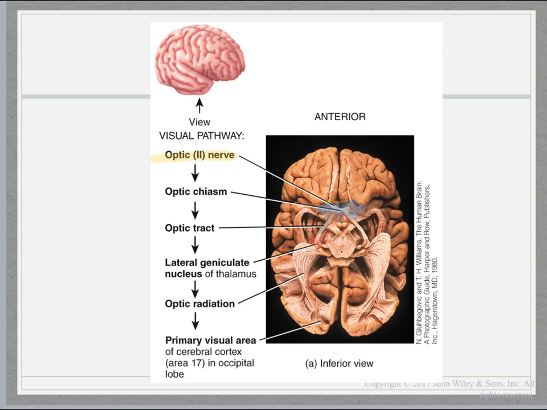From the optic tracts, we go to the lateral geniculate nuclei located in the thalamus, which then carry us through the optic radiations. These radiations move to the primary visual cortex of the occipital lobe.